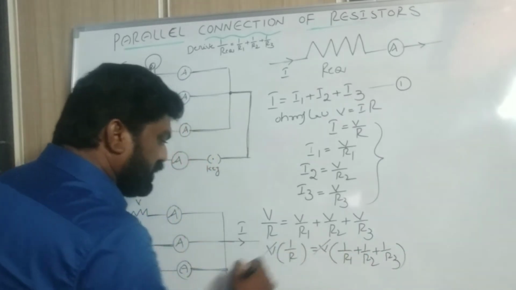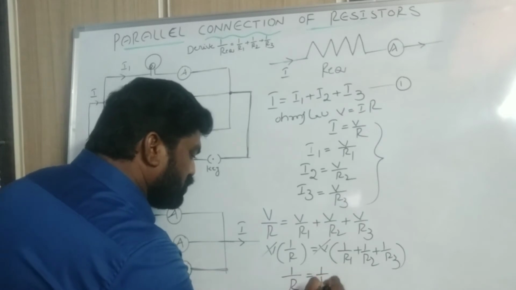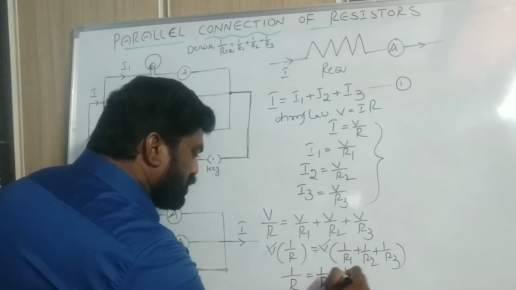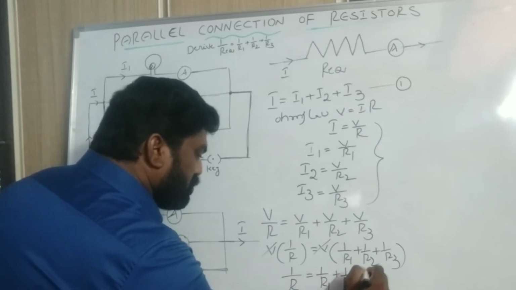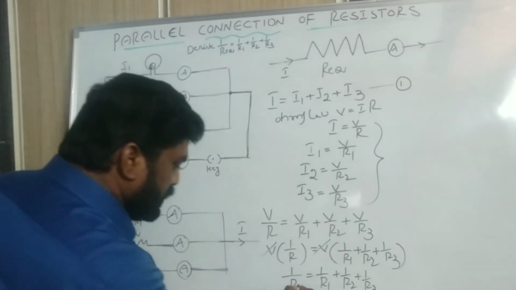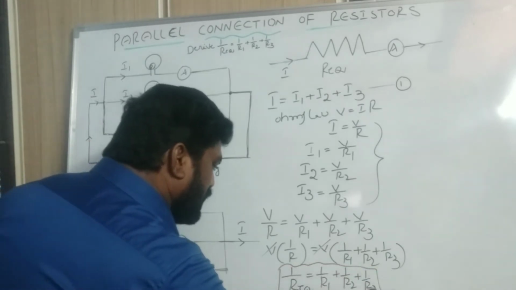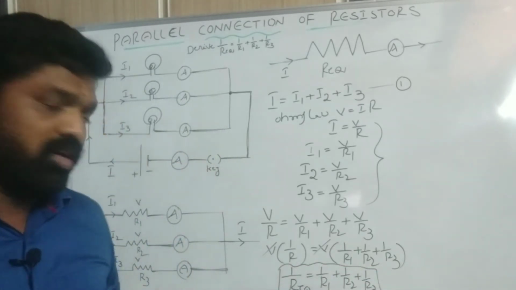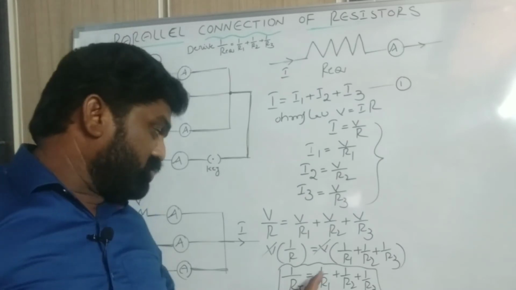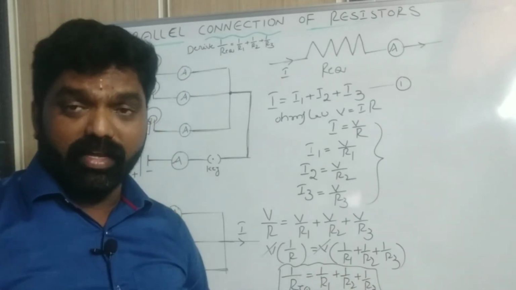Here V gets cancelled, then 1 by R equals 1 by R1 plus 1 by R2 plus 1 by R3. Here R is REQ, the equivalent resistance. So 1 by REQ equals 1 by R1 plus 1 by R2 plus 1 by R3.